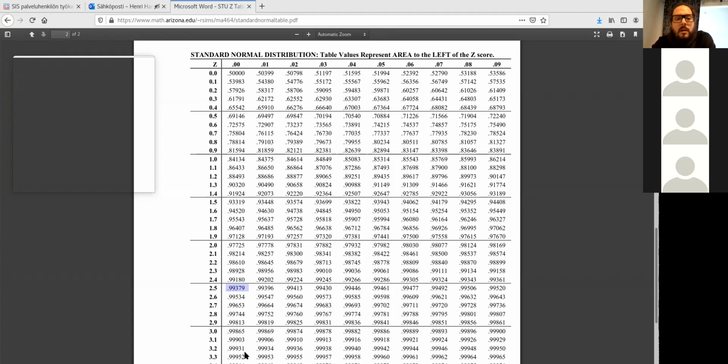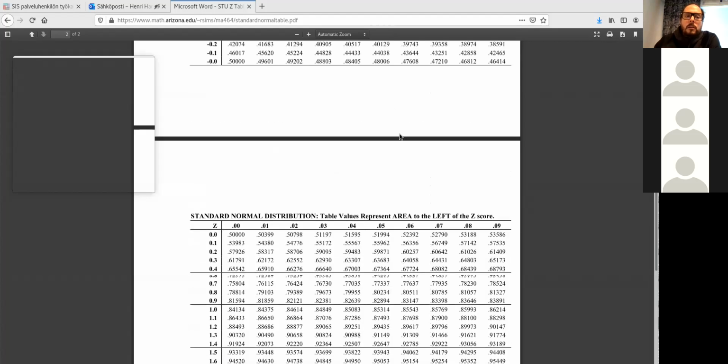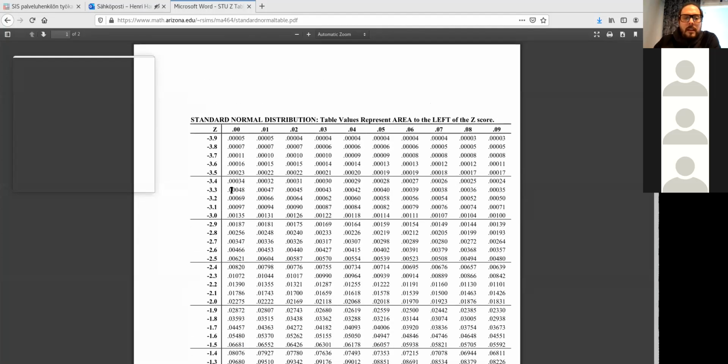So N(0,1) has about 0.63% chance of having a value greater than 2.5. Alternatively, it has a 99.379% chance of being smaller than or equal to 2.5. Of course, the negative values are exceedingly rare.